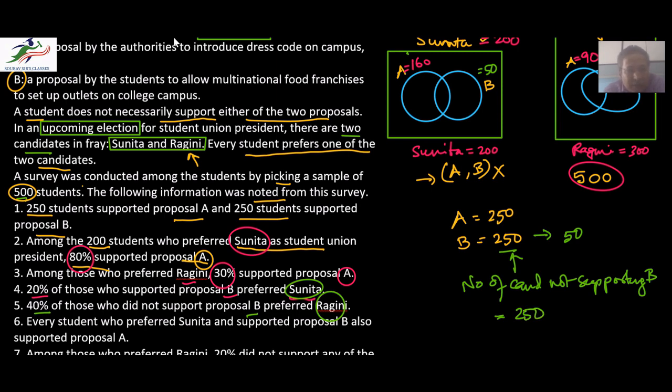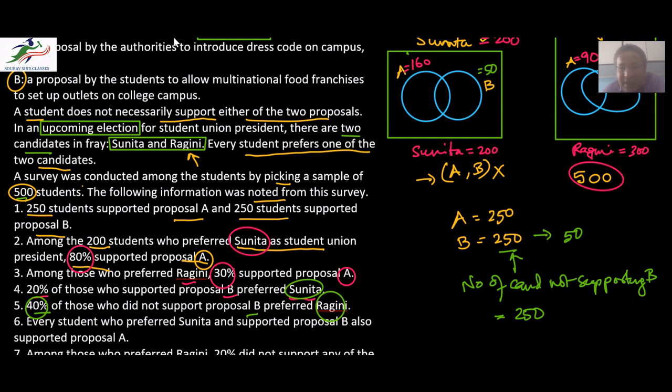So 40% of this number, which is 100, preferred Ragini. That means the number of candidates falling outside B in Ragini is 100.